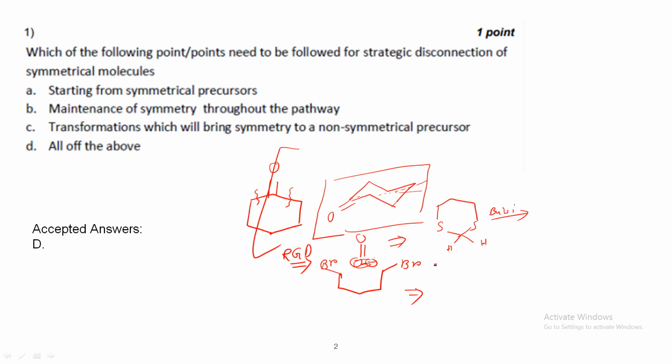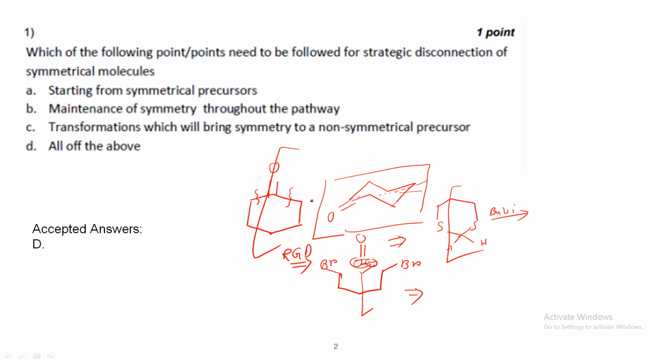When we do this kind of disconnection, you can see again in the precursors, or the synthetic equivalents, the sigma plane exists. Here you can see the sigma plane existed, and the same for the other one. So in our synthetic planning, or retrosynthetic analysis, we are maintaining the symmetry that our target molecule has.